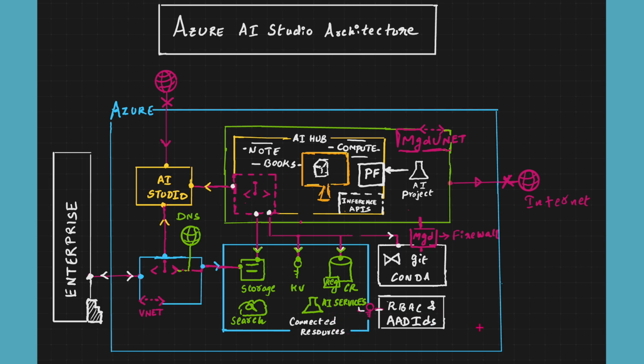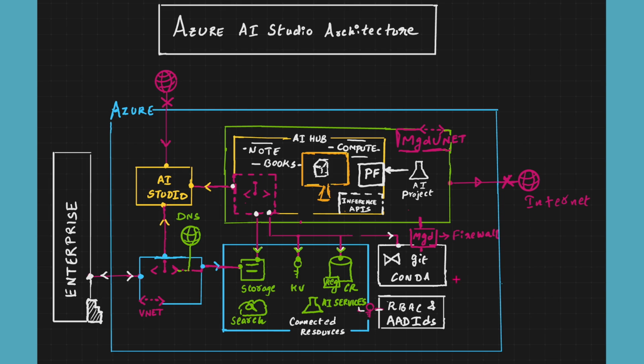You will also deal with RBAC using Azure Active Directory, as I mentioned, which is the cleanest way of doing that. And also you can integrate Git and other conda packages.